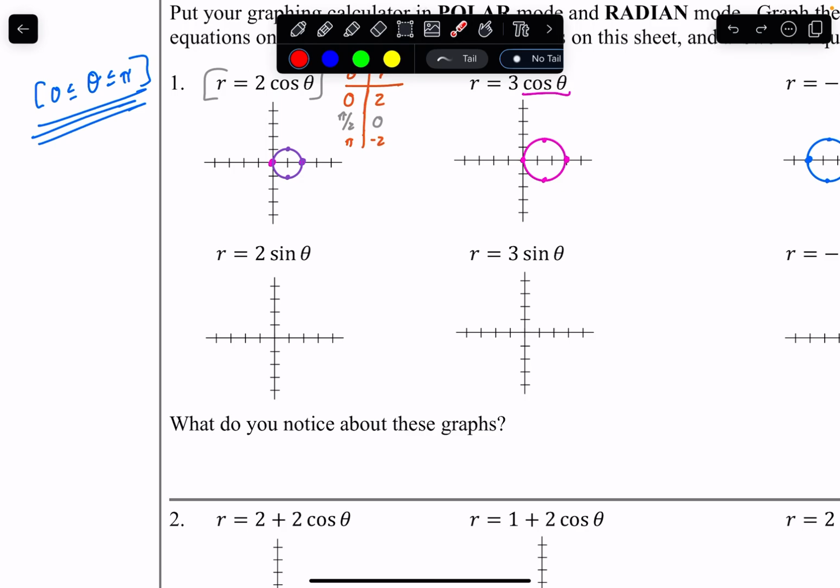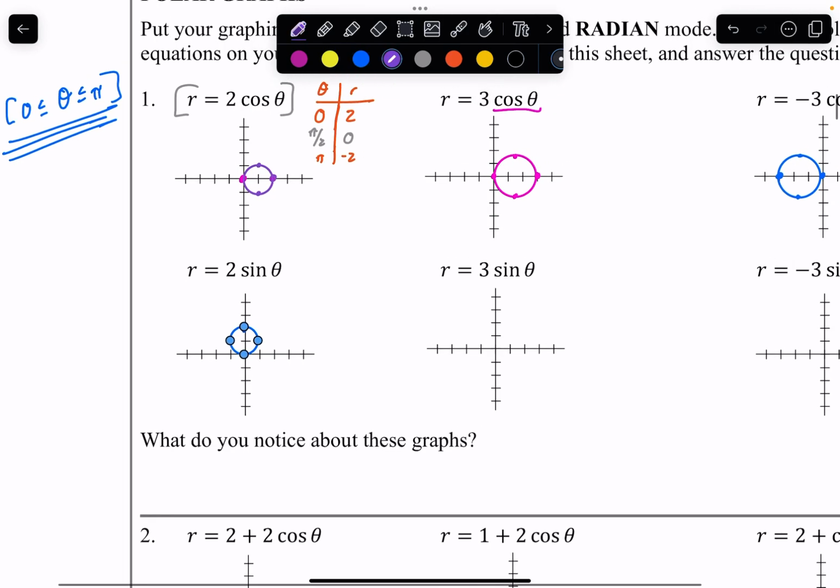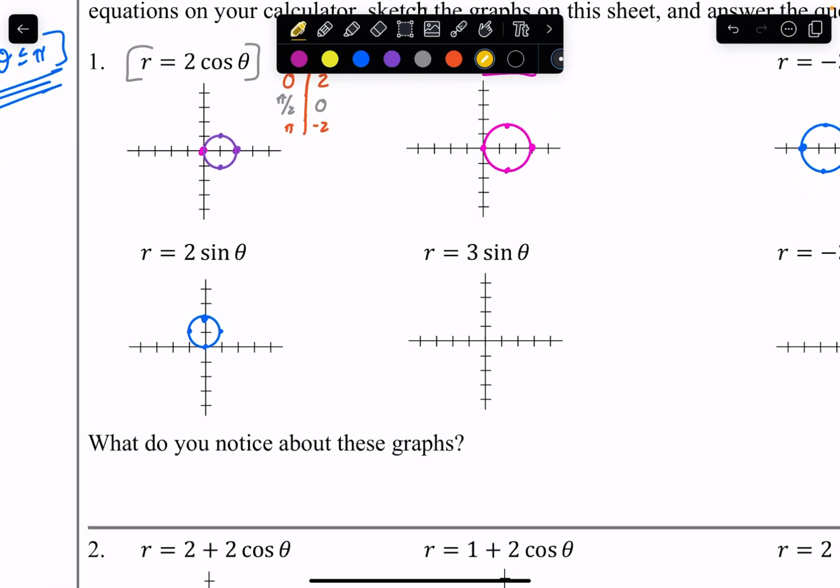So when I go to build these, I'm going to go up 2 units. So there's my 2 sine theta. I'm going to go up 3 units. Again, my diameter is 3, which means my radius is 1.5. But my points are a little bit off.